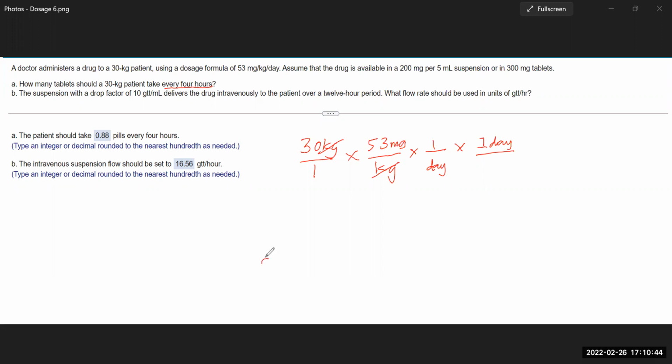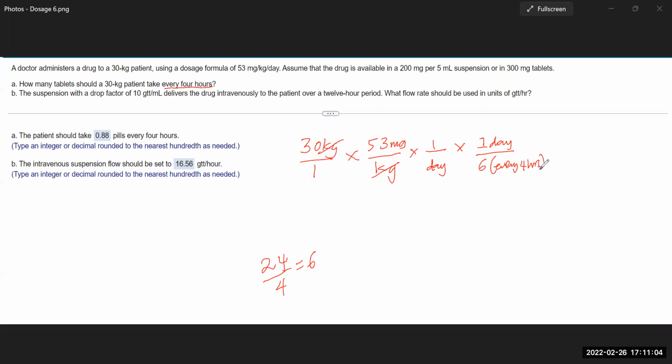So we have to do 24 divided by 4, which is 6. So in a day, we will administer this medication 6 times. So this is 6 times, and this is every 4 hours. So you don't divide by 4, but rather you divide by 6.